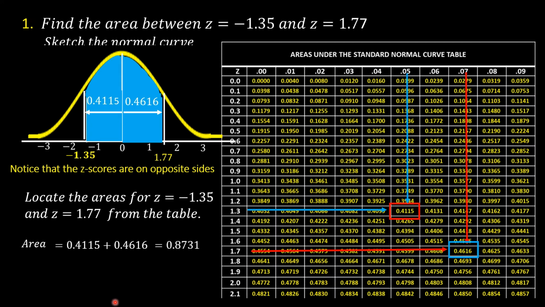The sum is equal to 0.8731. So the area between z is equal to negative 1.35 and z is equal to 1.77 is the 0.8731.